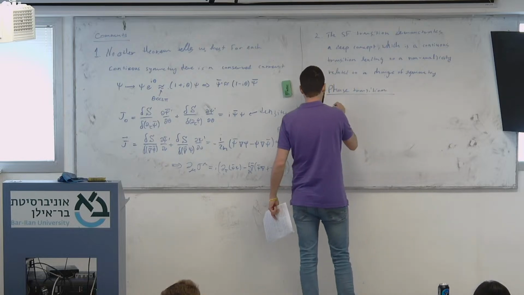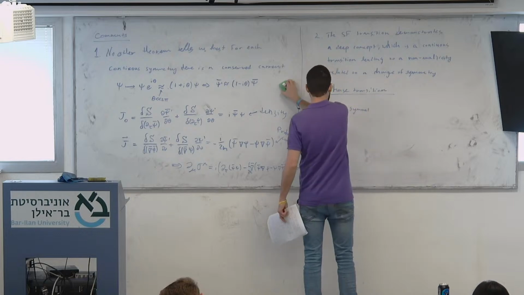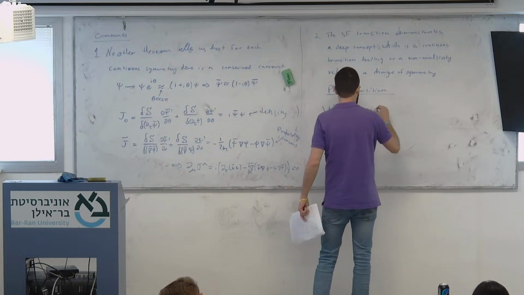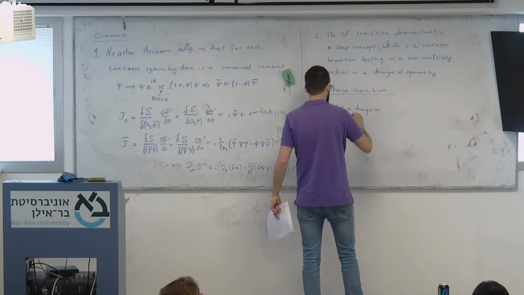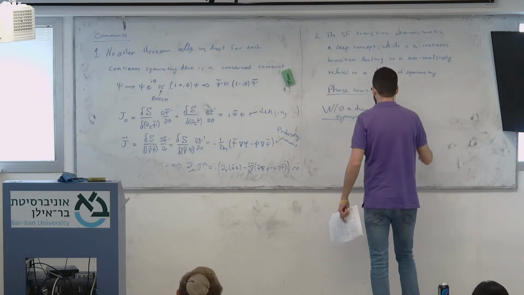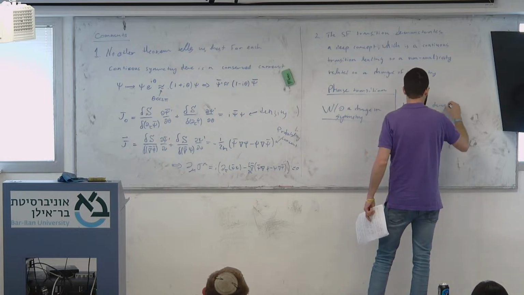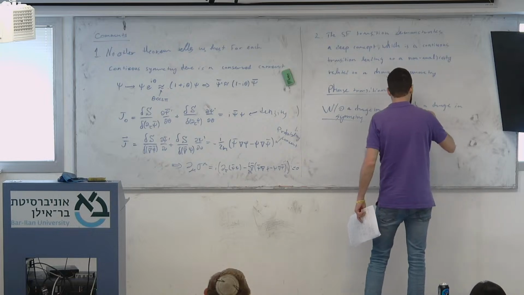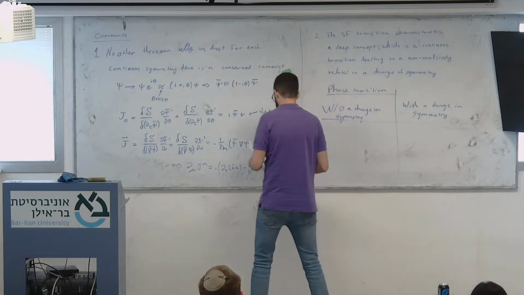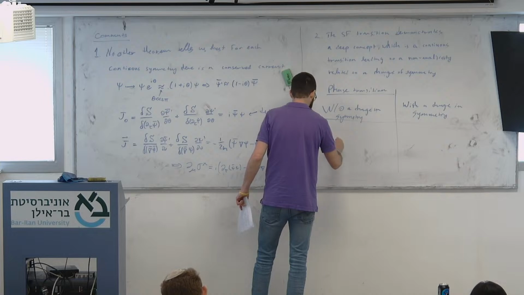And then I have without a change in symmetry, and the second one is with a change in symmetry. So without a change in symmetry, what we typically have is a situation like this.